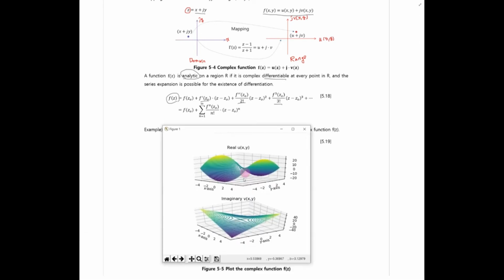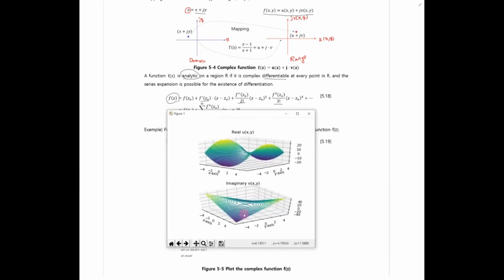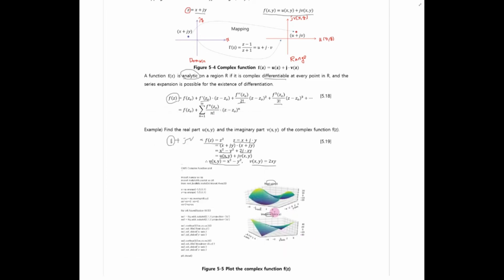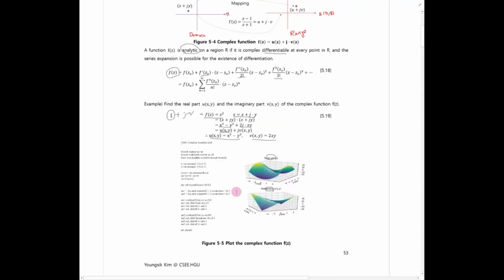Here shows the real part, which is x square minus y square, and this one is the imaginary part, 2xy. You can see that when we have to visualize a complex number, we can plot them separately. So we defined what a complex function is and what analytic functions are.